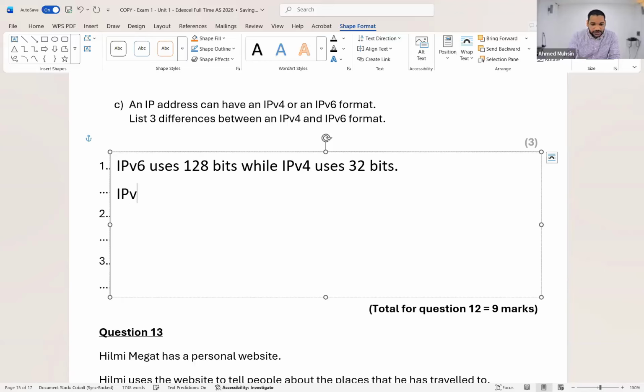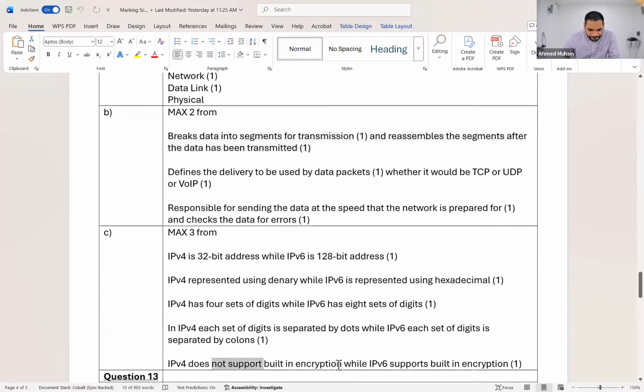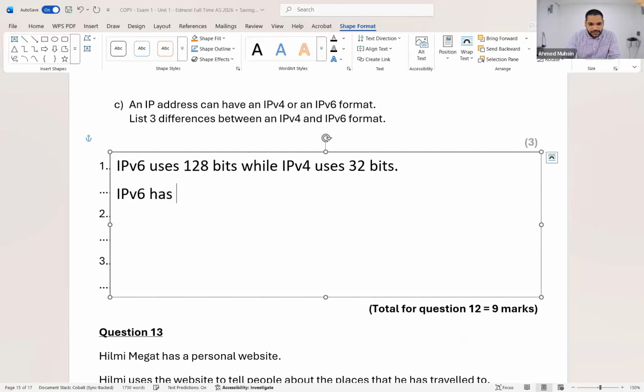IP version 6 has built-in encryption, which IP version 4 does not.